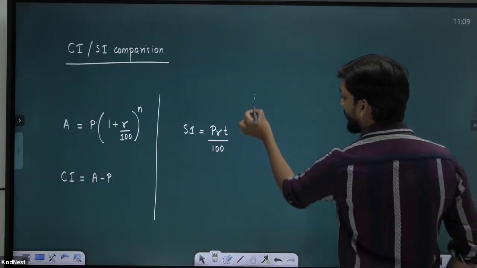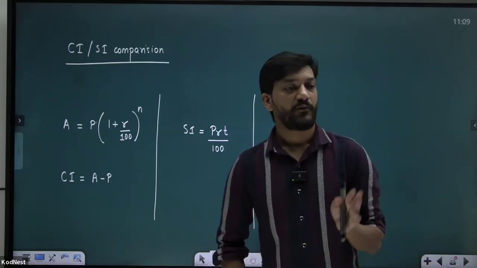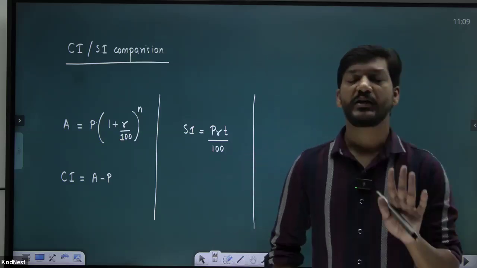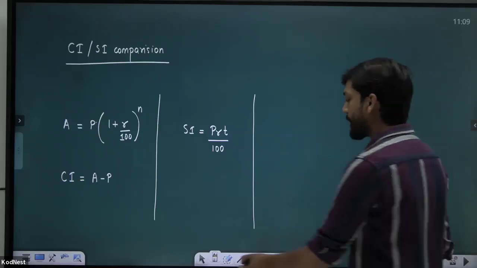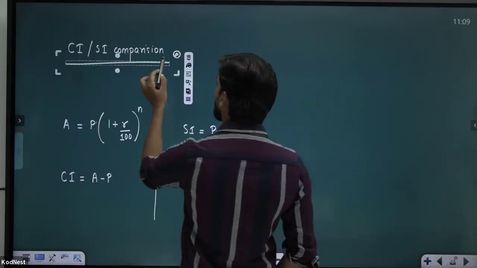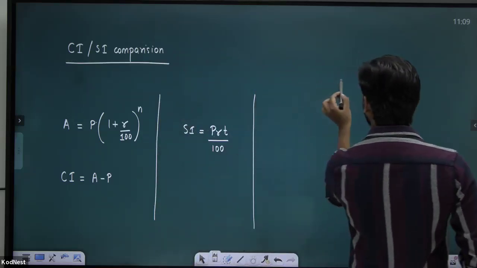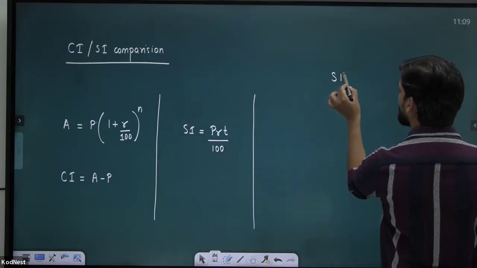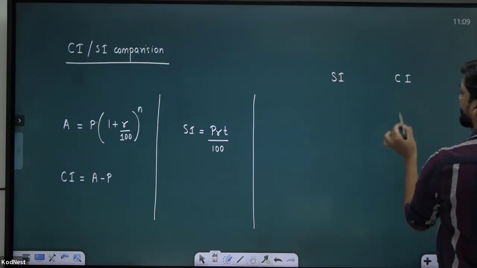Now, we have to take a comparison. When I say comparison, the terms and conditions must be same. That's how you compare, okay? So comparison must be fair. For a fair comparison, I should take the same conditions for simple interest and for compound interest.